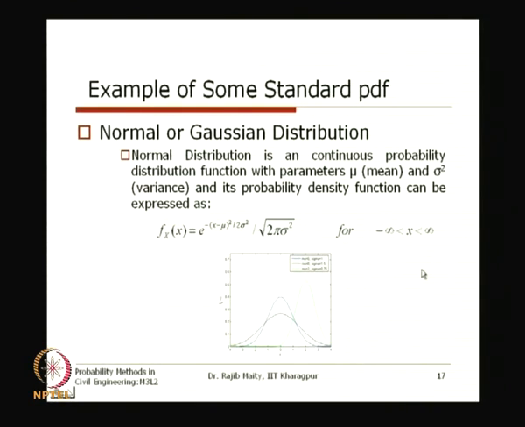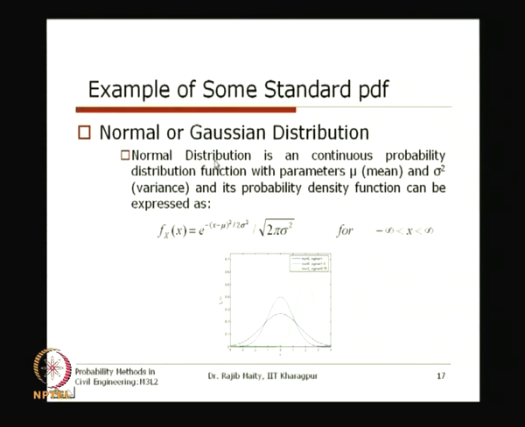Second, as we have given some standard examples for the PMF, the probability mass function, which is for discrete random variables, there are also some standard PDFs for continuous random variables, and the most popular distribution is the normal or Gaussian distribution.